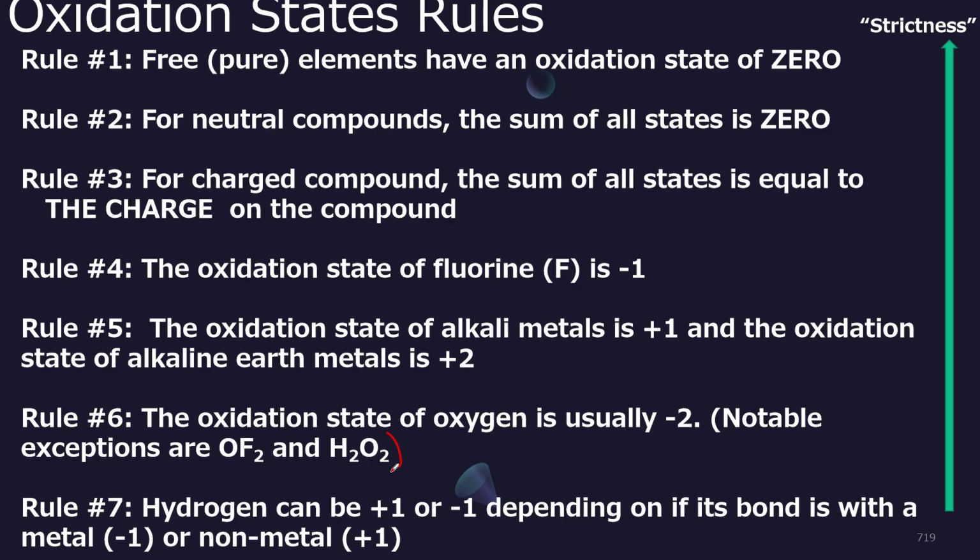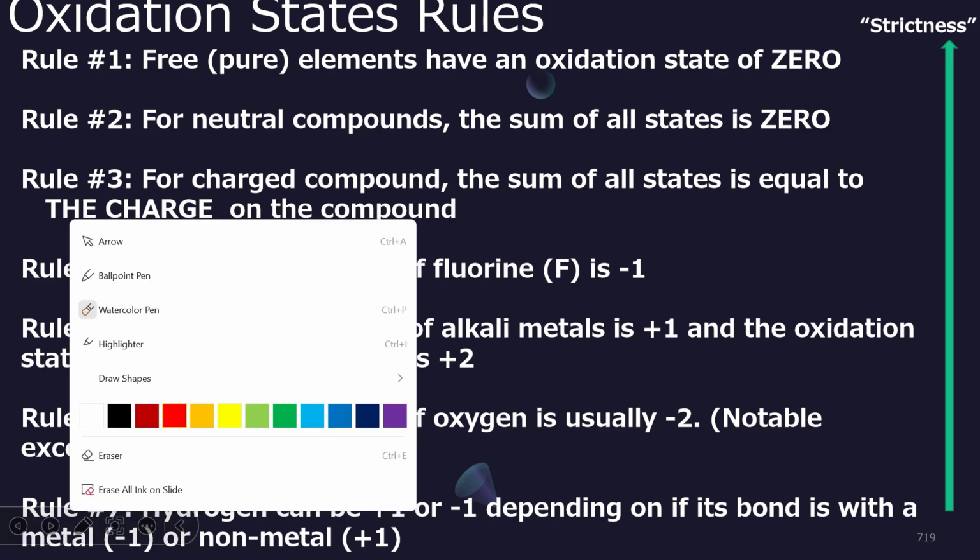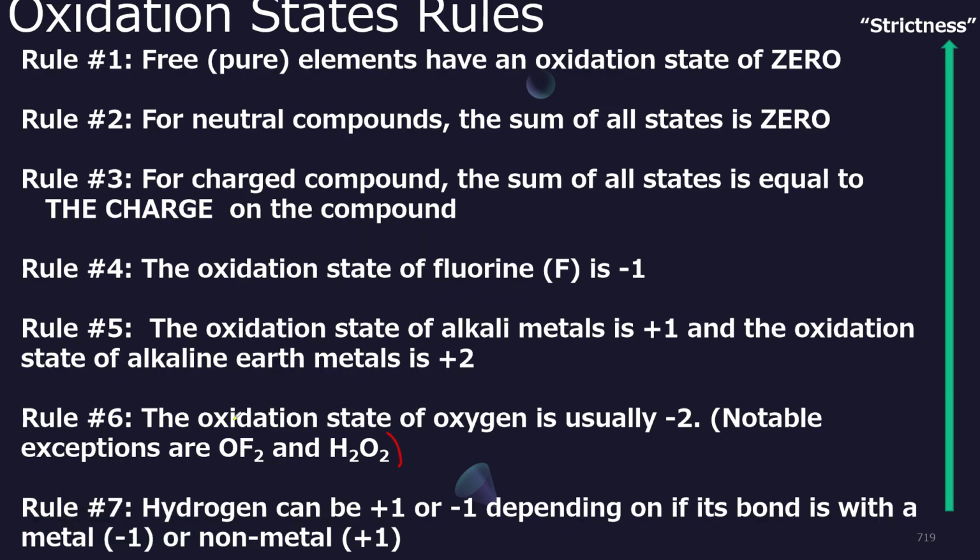Now H2O2. It would be helpful if you recognize what the Lewis structure of this is. Basically, this will have an oxygen-oxygen bond and then 2 oxygen-hydrogen bonds. This is the way oxygen completes its octet in peroxide.